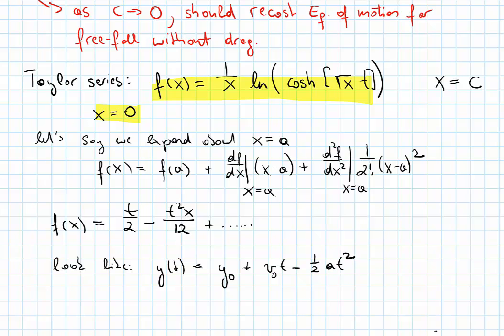So this expression indeed reduces to something similar, because we have 1/2 times t, so this is probably the velocity term, and then we have this term, t squared x over 12, where x again is our c, so don't forget that. So again, this is the acceleration term times t squared right there. And then we do not have y naught, because we did set it to 0. So y naught equals 0 in our case, as I told you earlier.